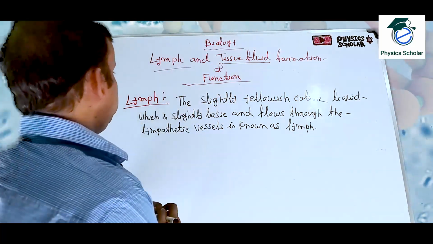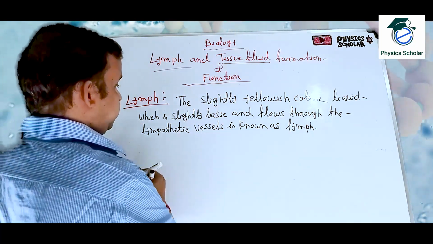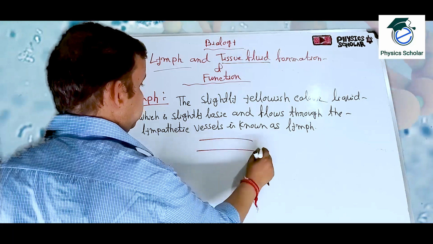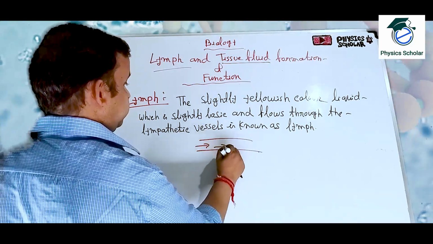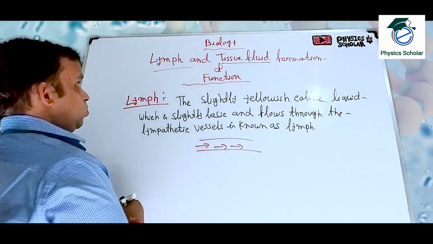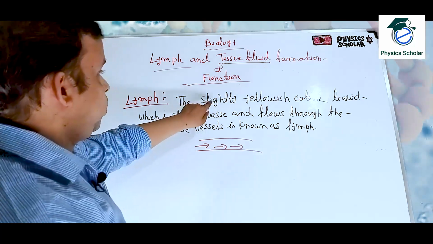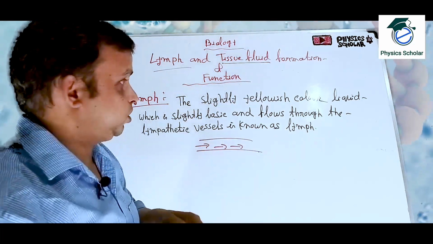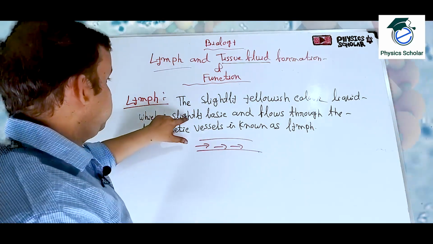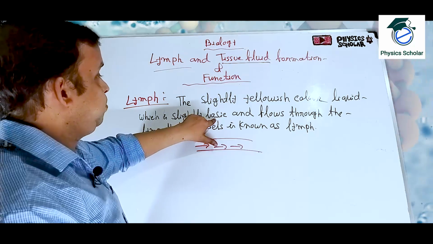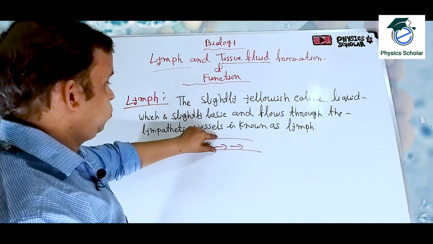Okay, just like the blood vessels, there are vessels through which this liquid flows. The color is slightly yellowish, and it is slightly basic in nature and flows through these vessels.